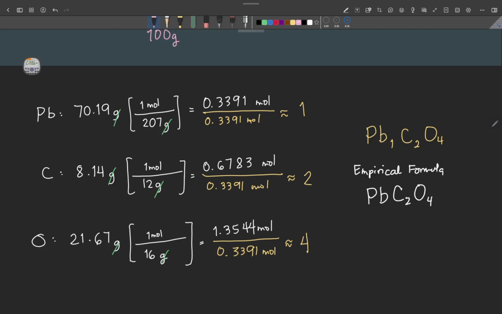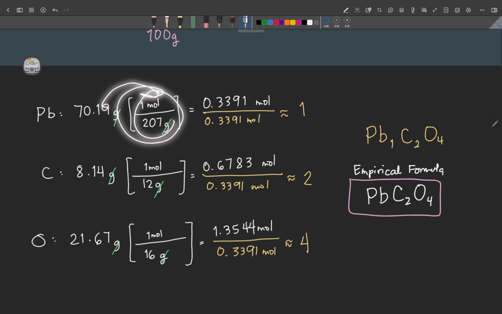Okay, so that is the answer. So again, step 1, convert first to grams and then convert to mole. You get this in the periodic table. Then once you get the moles, you divide it by the lowest of these three. And the lowest is 0.3391.